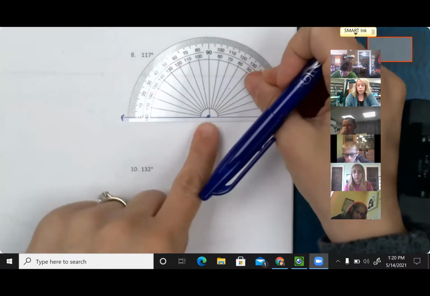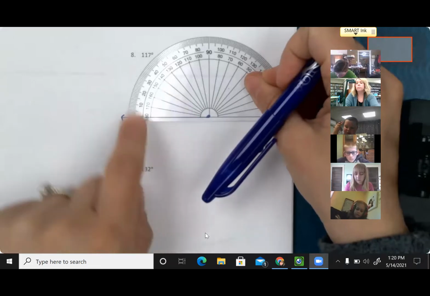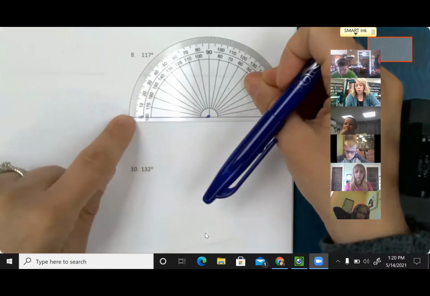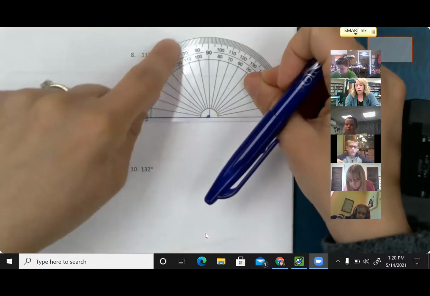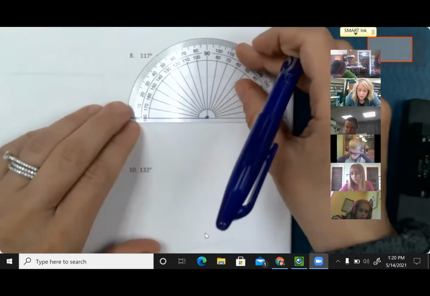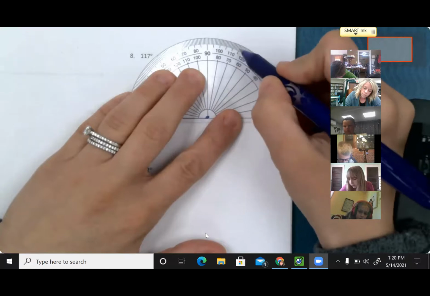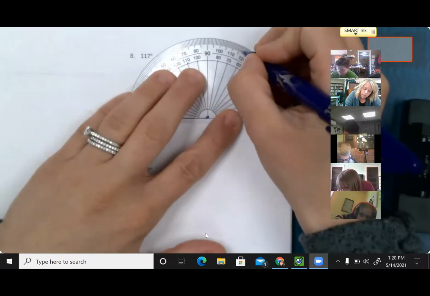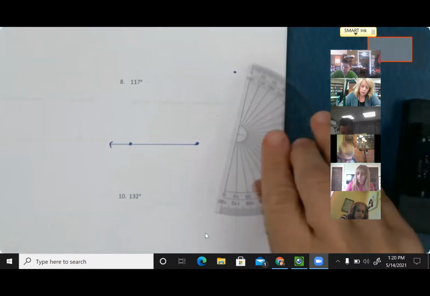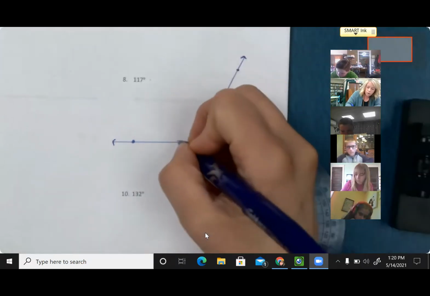So here are my numbers. I'm going to use the top set because that's where the 0 is. I'm going to look at my top set of numbers and follow the whole way to 100, 110. Oh, I have to move my protractor, so I've got to fix it. Here's 100, 110, 120. So I'm going to look at 115, 116, 117. And make my point. Then I'm going to create a ray and finish off with my arc.